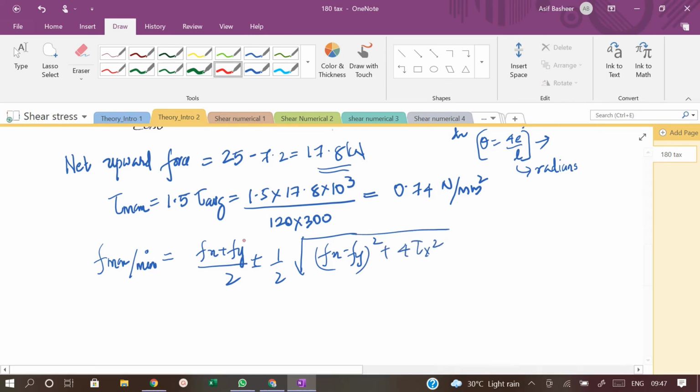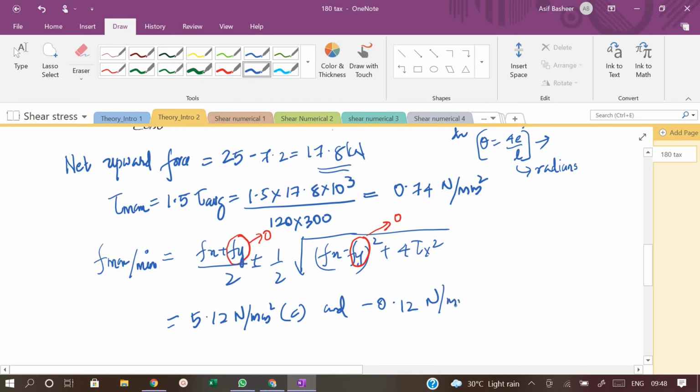So substituting Fy as 0, I'll get the value for the maximum as 5.12 Newton per mm square compressive, and the other one you will get as minus 0.12 Newton per mm square.